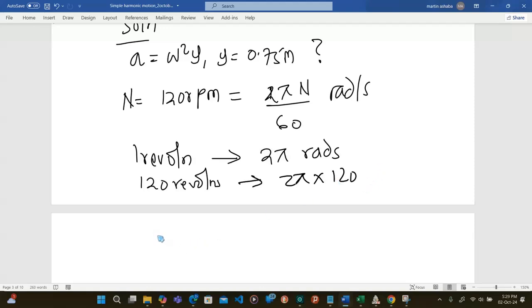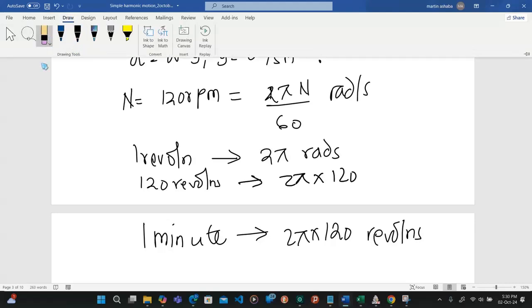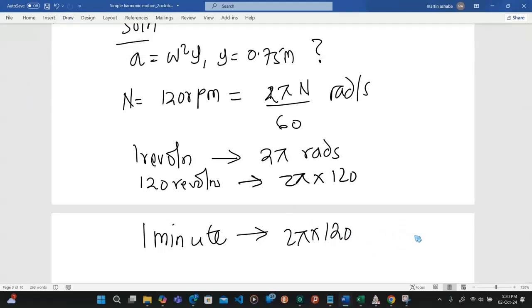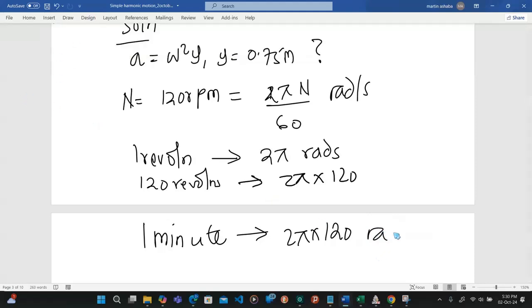So in 1 minute, we have 2 pi times 120 radians.